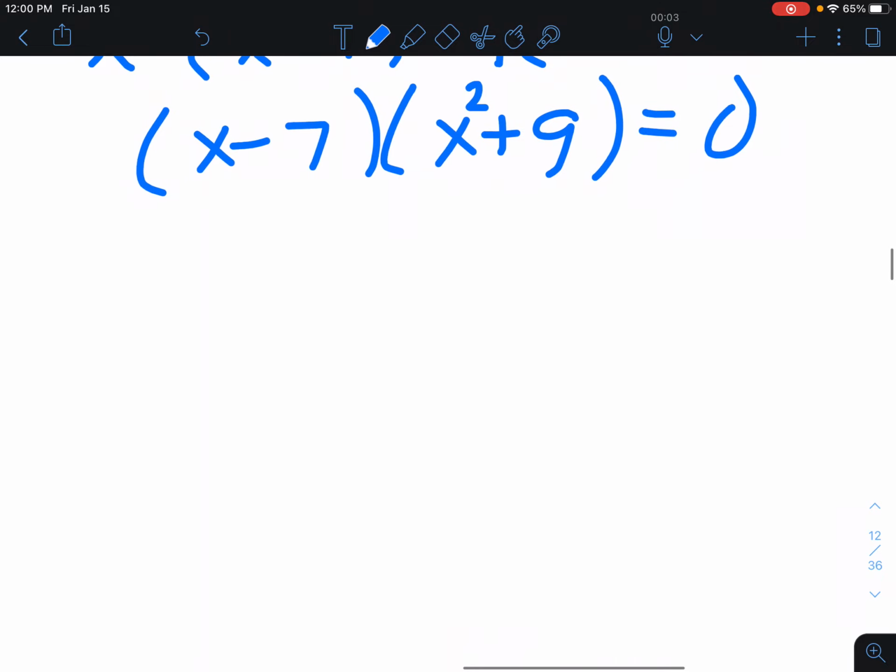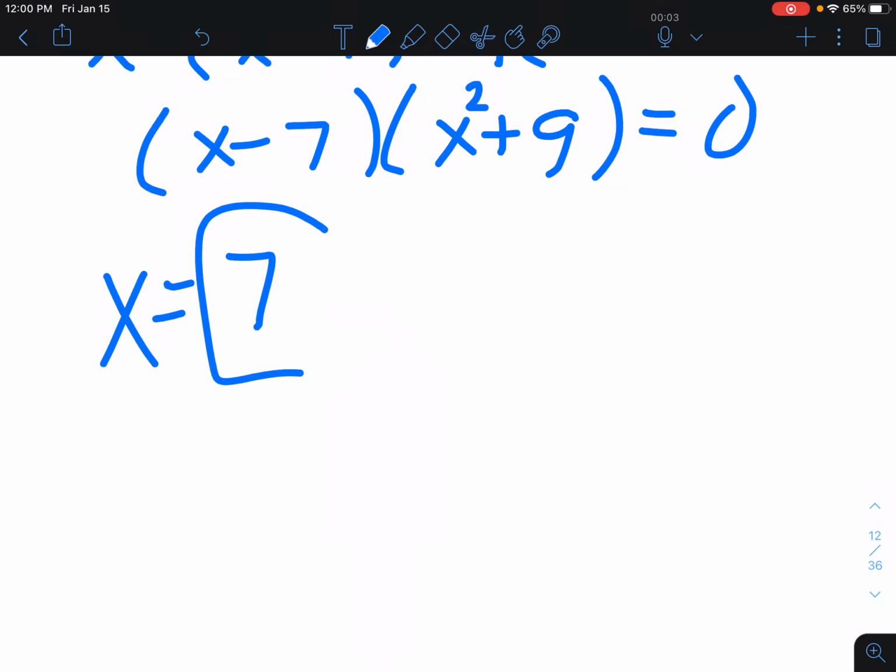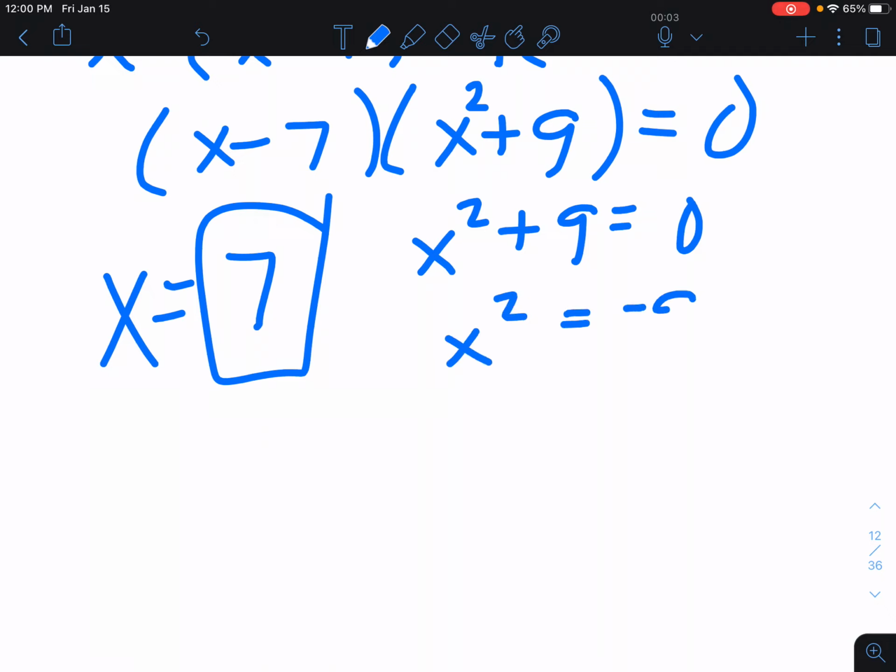So x minus 7, since it doesn't have an exponent to it, you could just take the shortcut. X is 7, because 7 minus 7 is 0. However, the x squared plus 9, again, you can't shortcut that. It has an exponent. So you're going to have to solve that by square roots. You're going to get x squared by itself, so subtract 9.